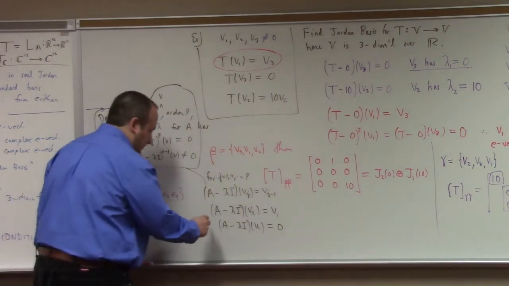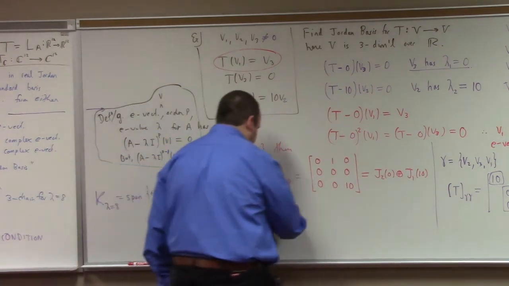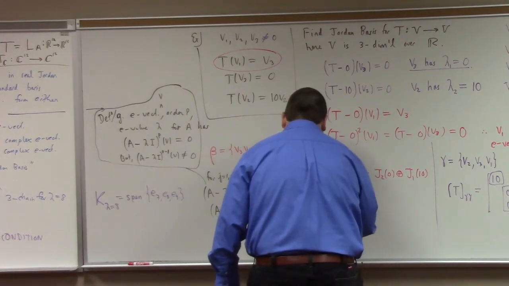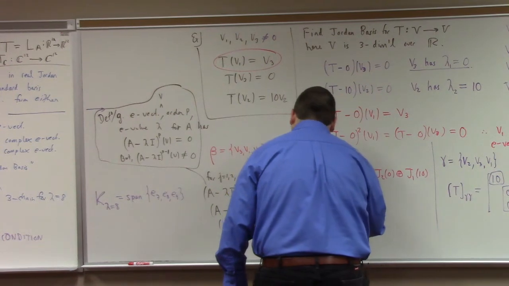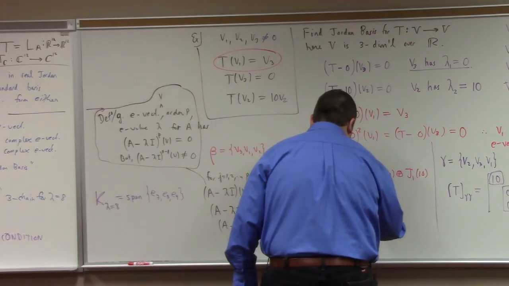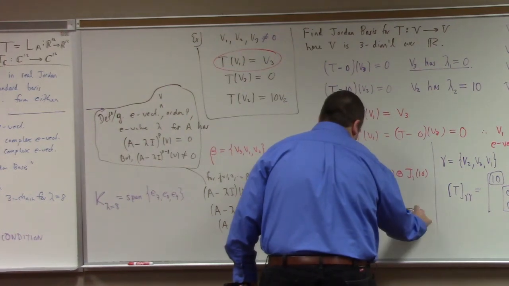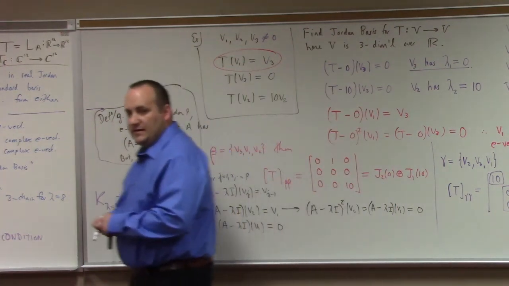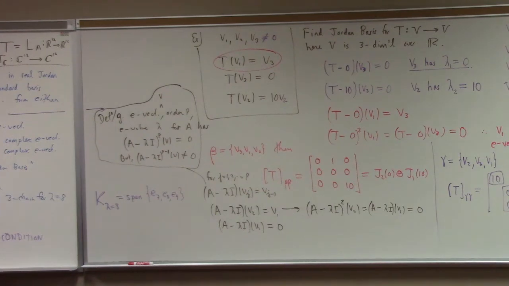If you hit the top equation with (A minus lambda I), we get (A minus lambda I) squared v2 is equal to (A minus lambda I) v1, which is 0. And yet, (A minus lambda I) v2, one copy of (A minus lambda I) acting on v2, gives us v1, which is by assumption non-zero.